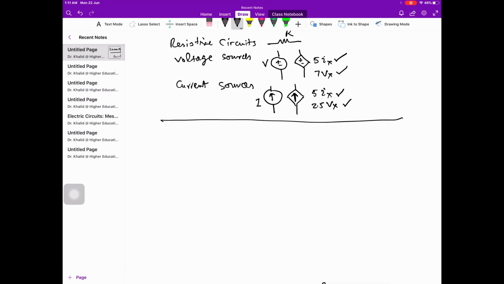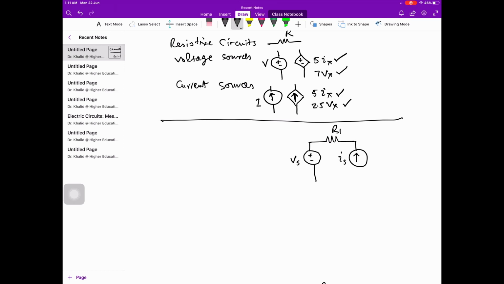Now again, a simple example. You can see this example in the textbook as well. In this we have two sources. One is a voltage source and the other is a current source. Both sources are independent sources.